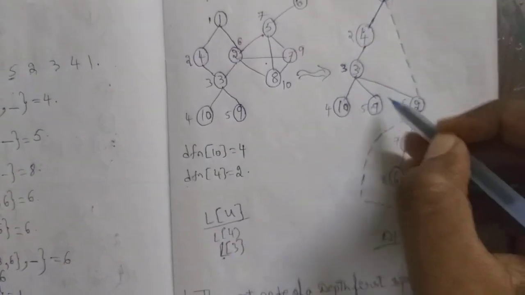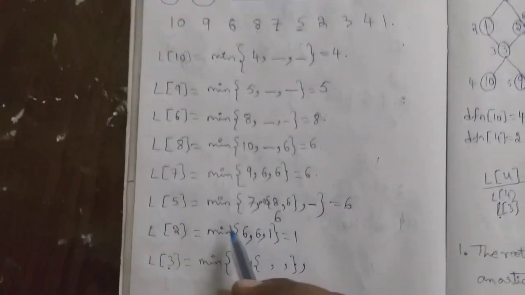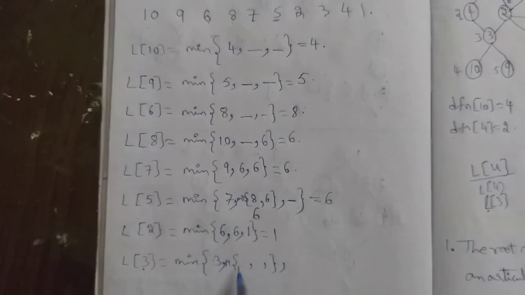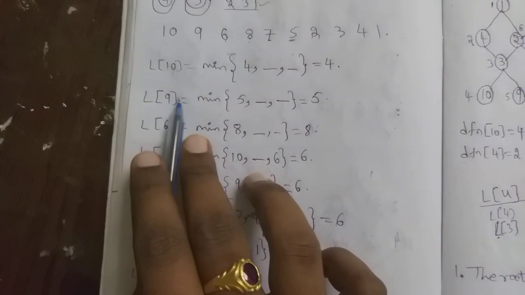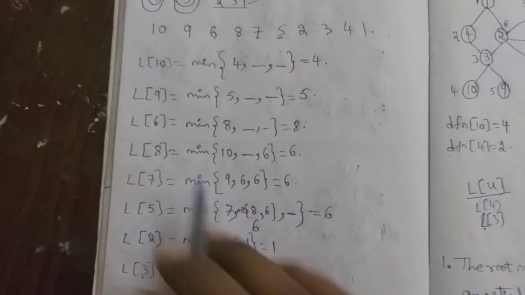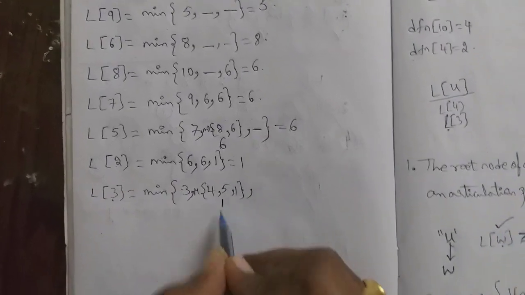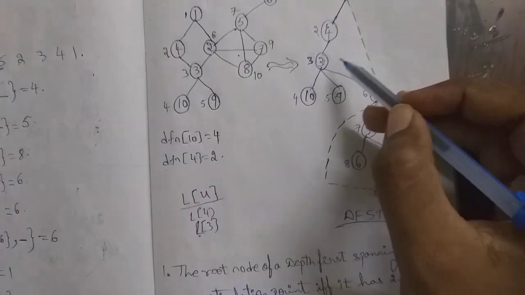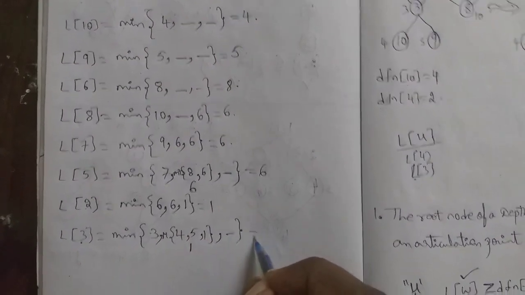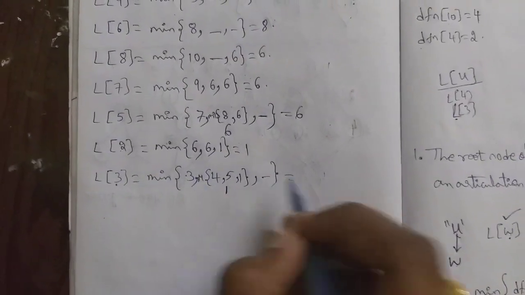What is the L value of 10, 9 and 2? 10 is 4, 9 is 5, L value of 2 is 1. Therefore, the minimum of these 3 will be 1, comma. Does node 3 have any back edge? No. Therefore, the minimum of 1 and 3 is 1. Therefore L of 3 is 1.